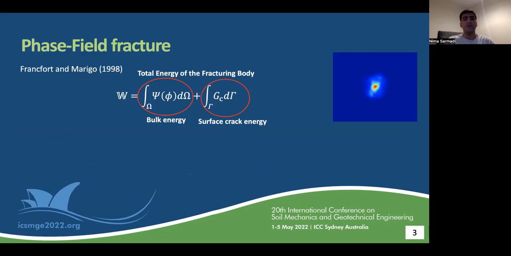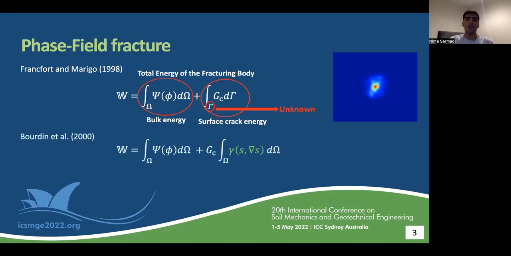Francfort and Marigo, for the first time, used this energy approach to fracture and defined the total amount of energy for a deforming fracturing body as the summation of bulk energy and surface crack energy. As you know, the second integral is taken over gamma, the boundary of the cracks. And as the crack evolves within the domain, that gamma is unknown.